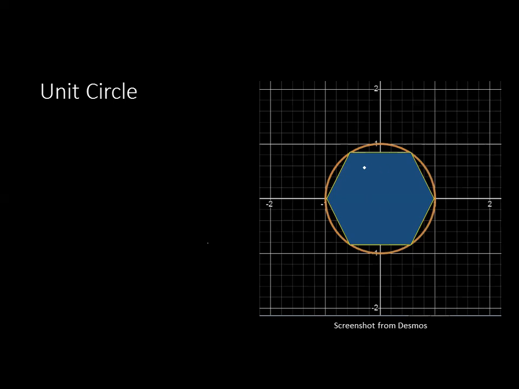To give you some background information about this so-called hexagon: a hexagon is a six-sided regular polygon. So what do I mean by regular polygon?